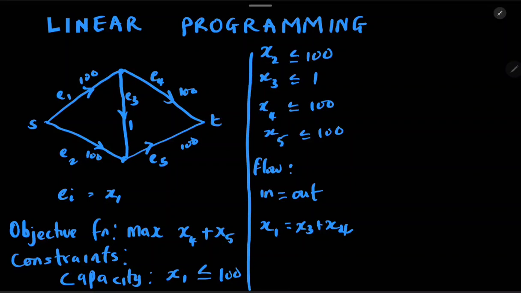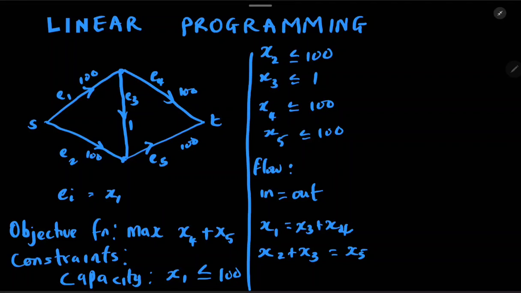And what else? Let's see. This is x2 plus x3, right? It cannot exceed what goes out through x5. So we have x2 plus x3 equals x5.